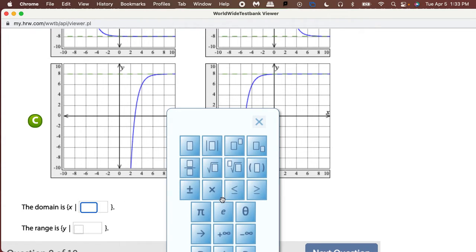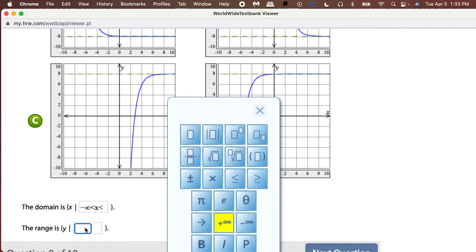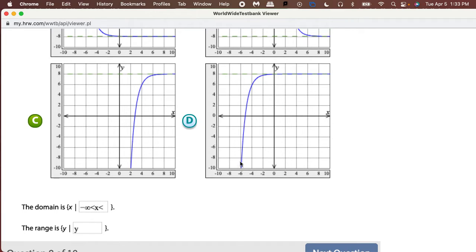Domain story does not change. Negative infinity, shift, X, shift, positive infinity, and Y is coming up from the bottom. Let me look at my graph, see how it never breaks the 8 barrier.